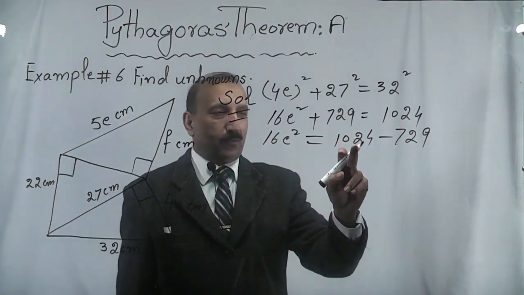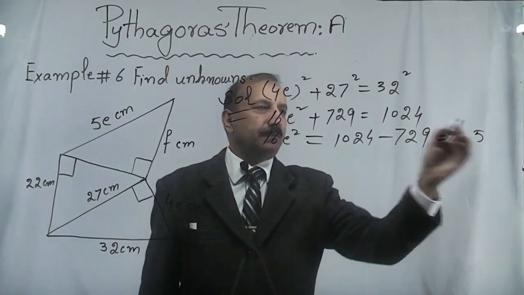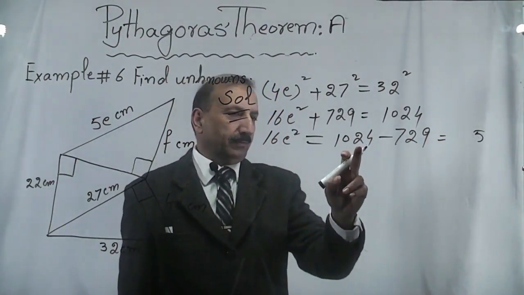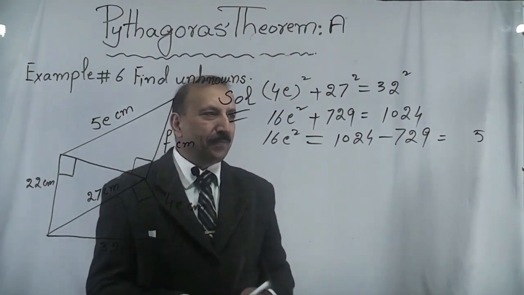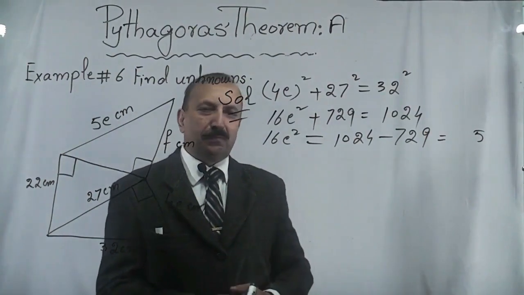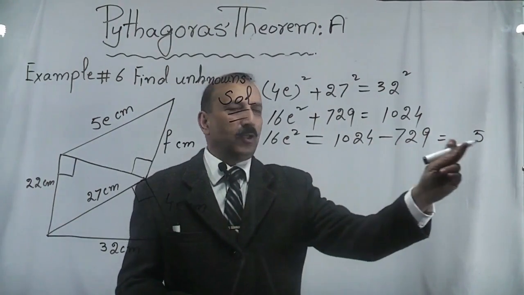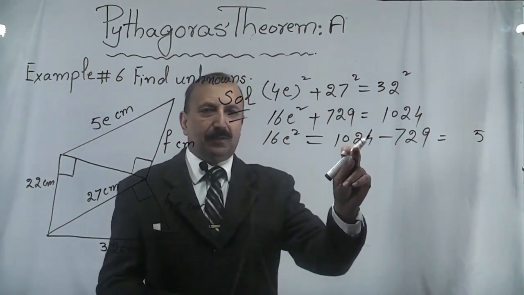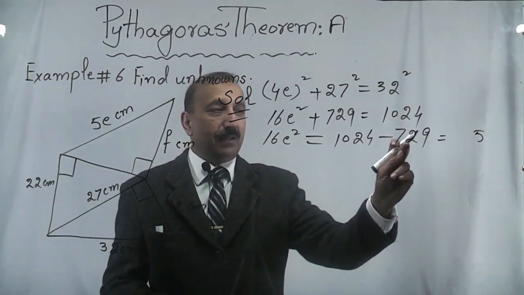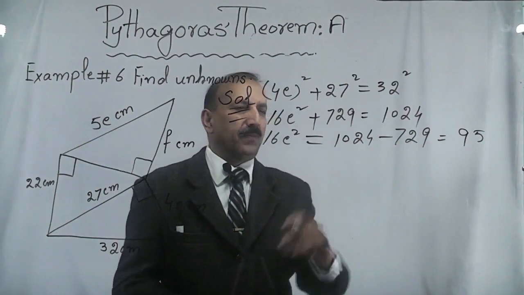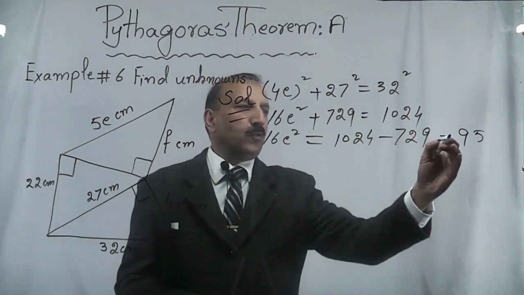We borrow one from here, it is 14, and subtracting 9 from 14 will give you 5 here. Then we got 1, here is 10, borrow 1 from here, 11, subtracting 2 from 11, we got 9 here, and here we got 9, and subtracting 7 from 9, we got 2 here.